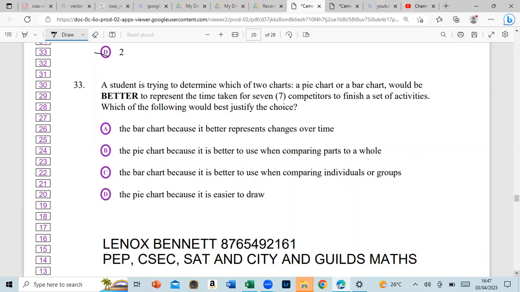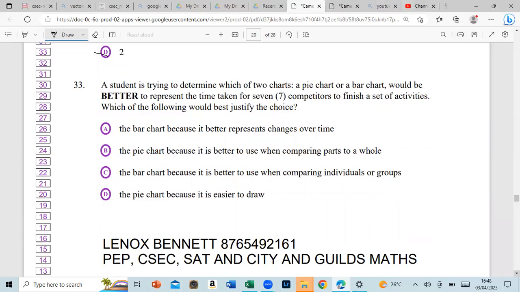All right, 33 says a student is trying to determine which of the two charts, a pie chart or a bar chart, would be better to represent the time taken for 7 competitors to finish a set of activities. Which of the following would best justify the choice? A, the bar chart because it's better to represent changes over time.